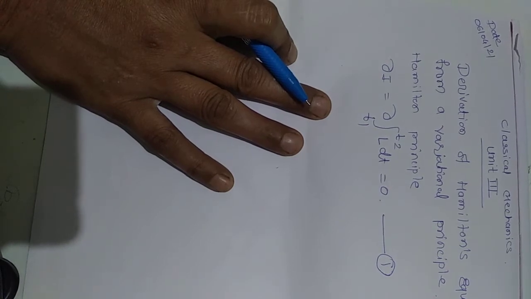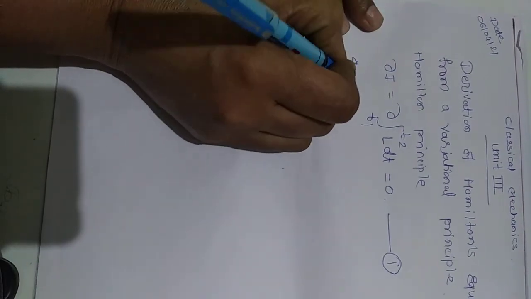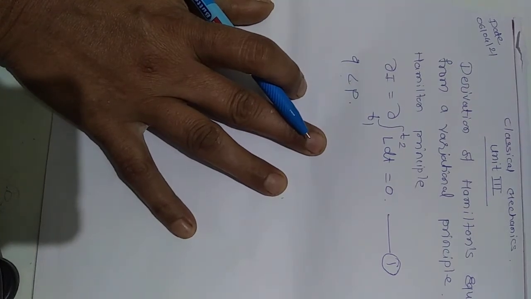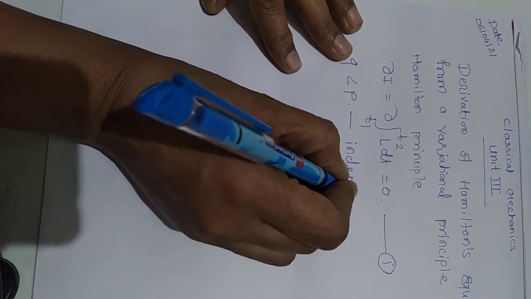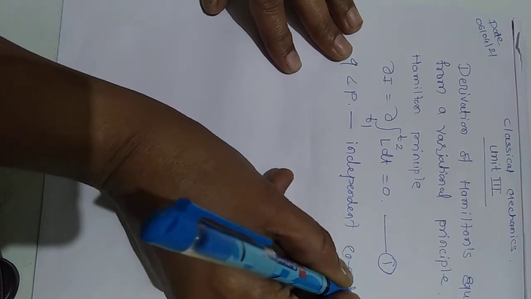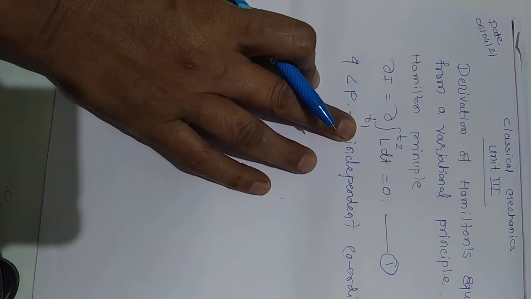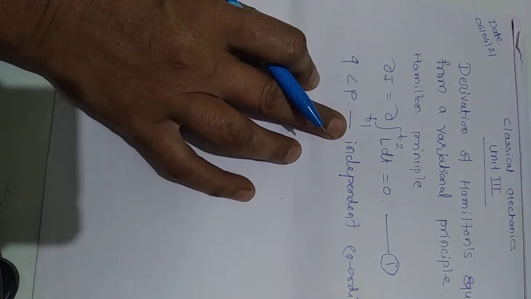In the spirit of Hamiltonian formulation, both q and p must be treated as independent coordinates. The q and p are independent coordinates of phase space to be varied independently.